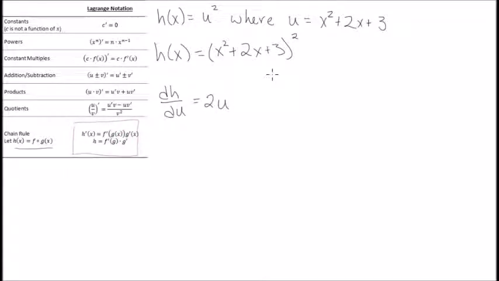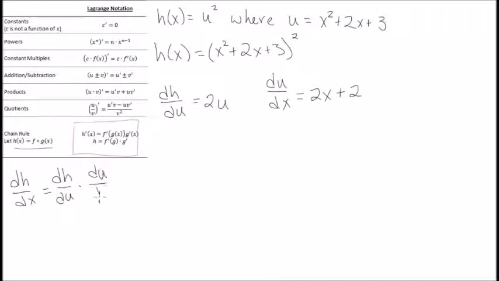If I wanted to take the derivative of u with respect to x, it would be 2x plus 2. And so now you can sort of see why, when the chain rule is written using the Leibniz notation, you get that dh dx is equal to dh du times du dx.